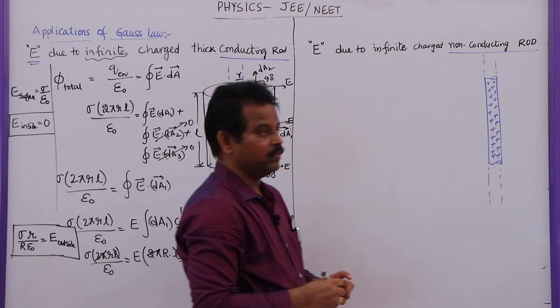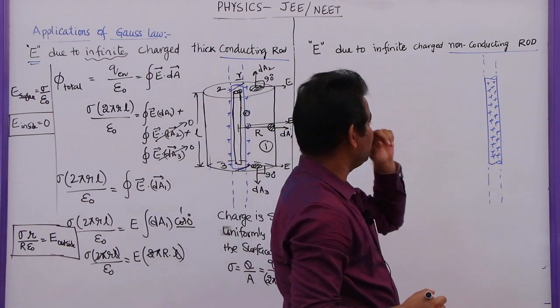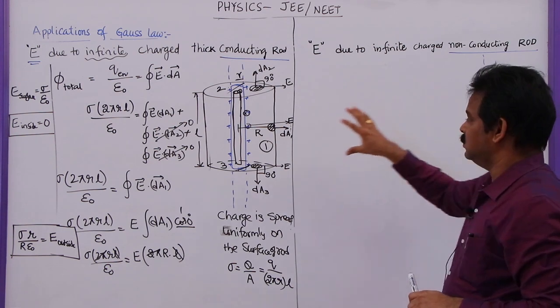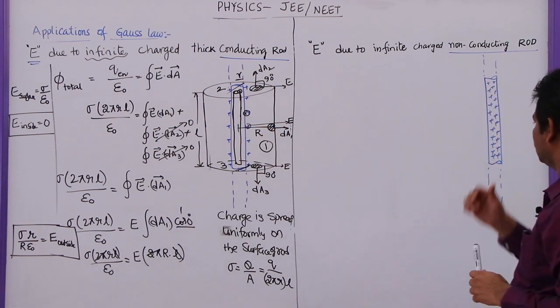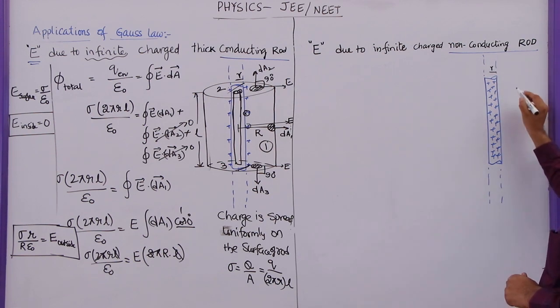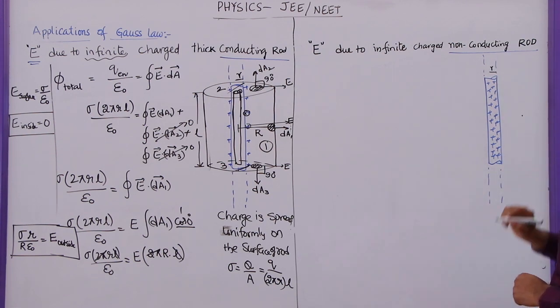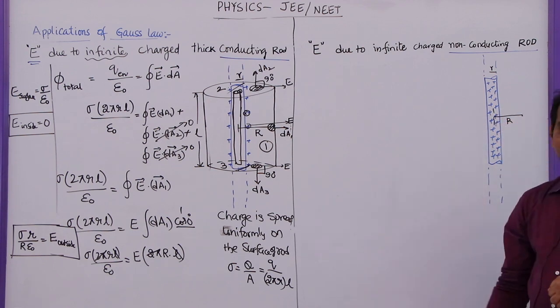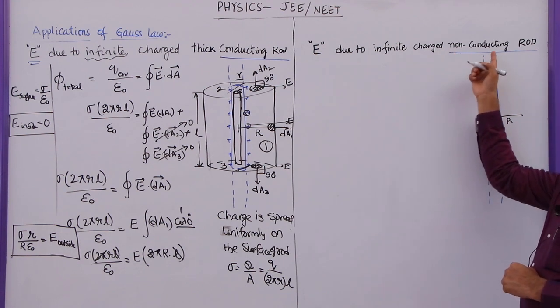Now let me explain the electric field due to an infinite charged non-conducting rod. So this is non-metal, this is metal. In this case, let the radius of this rod be R, and I wish to find out the electric field somewhere here at a distance R from the center of the non-conducting wire.